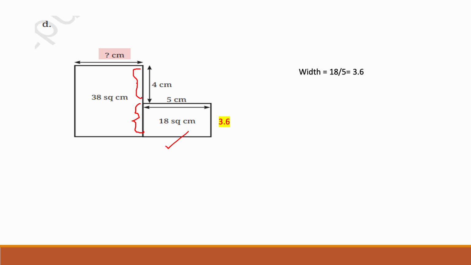So the length of this rectangle is 4 plus 3.6. That is 7.6 centimeter. Then its area is 38 square centimeter. So its width is 38 divided by 7.6, that is 5 centimeter.